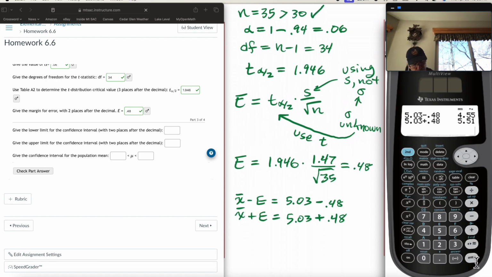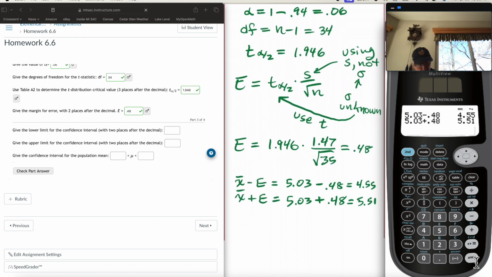That's 5.51. Okay, so my limits here, what does it say? 4.55 and 5.51. I think these are grams.